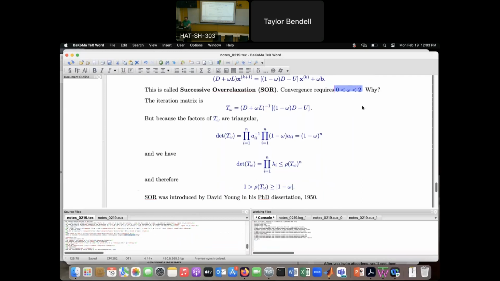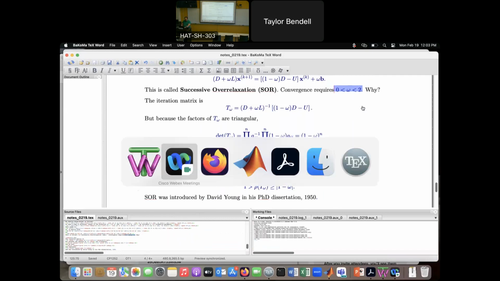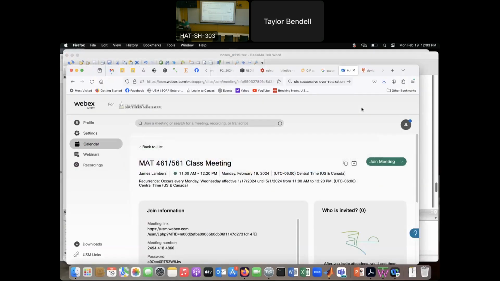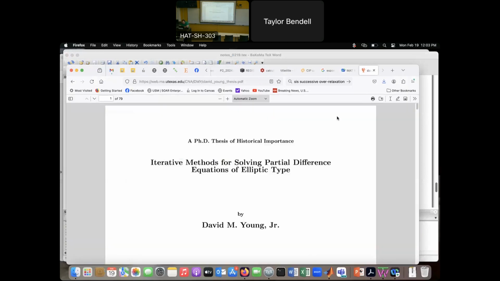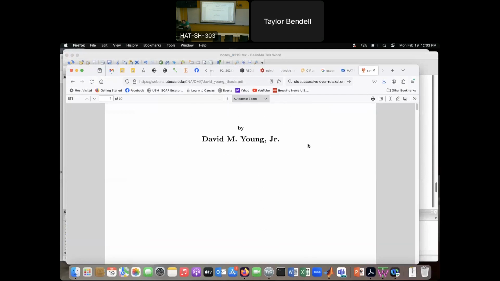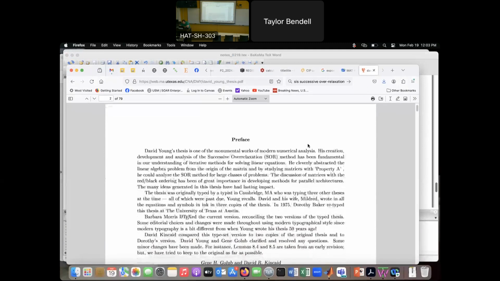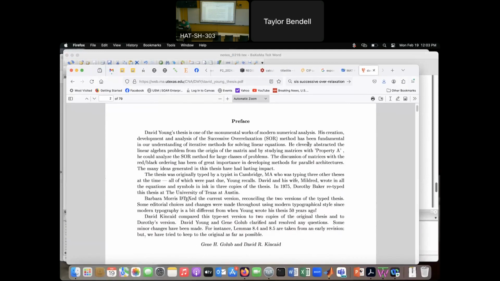Okay, and I want to point out, before class, I had looked up that dissertation. Because this was 1950, this is a reformatted version of the dissertation, where it's all been LaTeXed up, so it's actually readable. But I want to mention in the preface, it was my advisor, Gene Golub, who played a role in this modernized version. But I want to point out what had to be done.